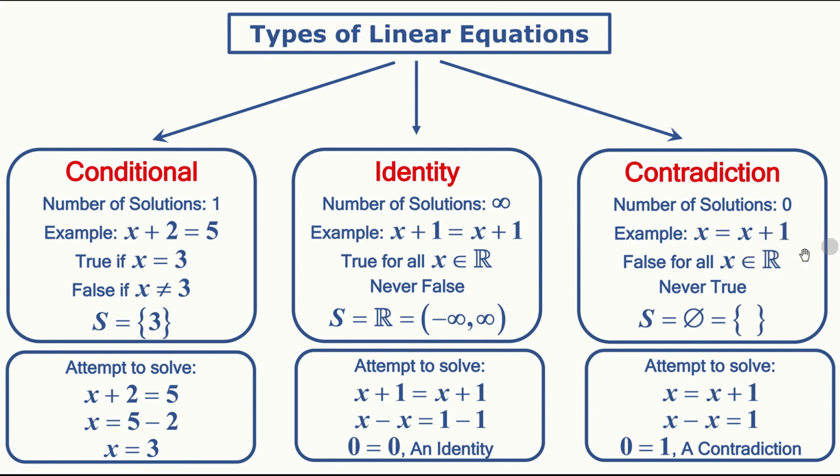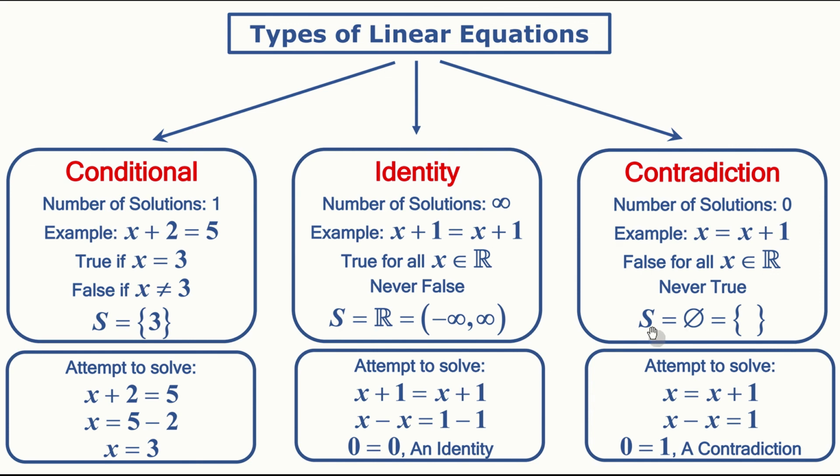This equation is just asking for too much. Remember, just because you have an equation, it doesn't mean it's possible to solve, because there's no way you're going to find a number that doesn't change if you add 1 to it. So therefore, this is always false for all real numbers and never true. That's the exact meaning of what a contradiction is.